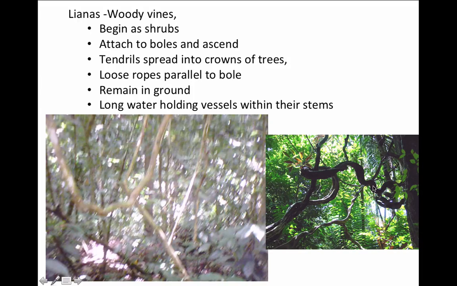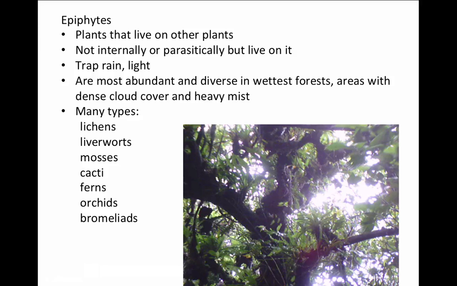And what you're seeing here is the shape of what that liana was wrapping around, but it outlived that plant. Now, they do remain in the ground, and so they are drawing water from the ground. And in fact, if you were to snap these, you'd find that there's a reservoir of water being held in the vessels in their stems.